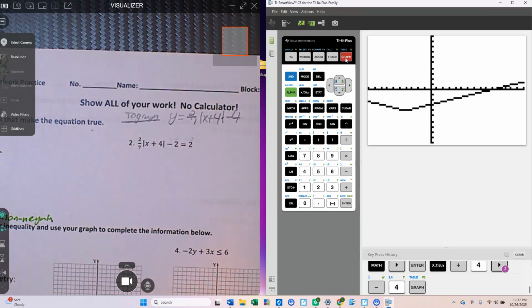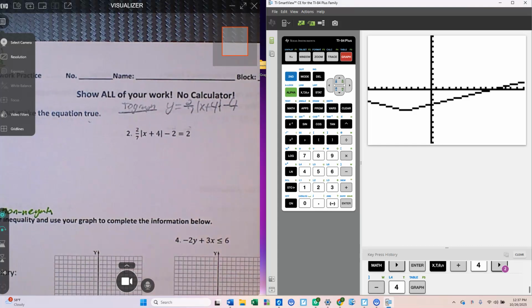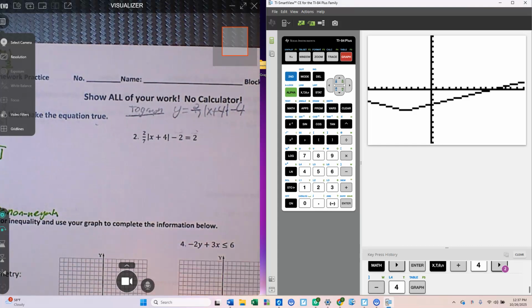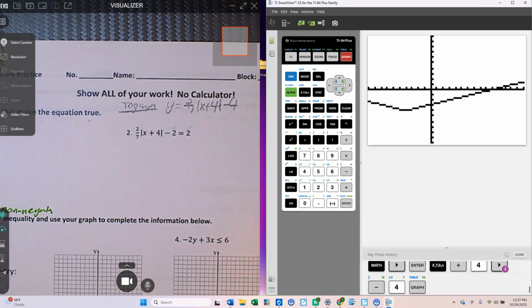Okay, so how do you do this question algebraically? So here we go. Am I going to use the calculator anymore? Maybe for these. Maybe I'll have it up. Let me come back to the calculator.